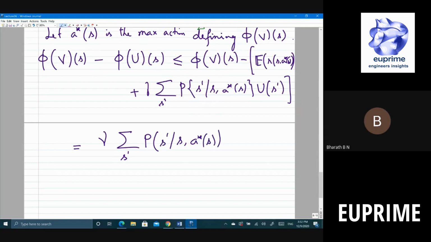Now I'll write this thing as, okay, V of S dash minus V of S. Sorry, not V of S, U of S dash. Okay, is that fine? So why do you think this is true?